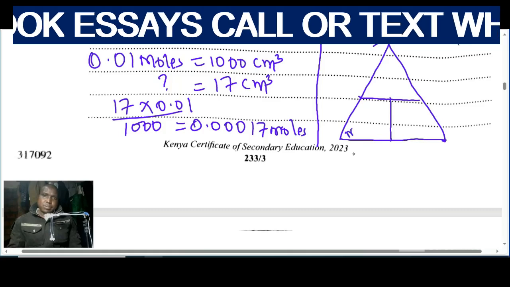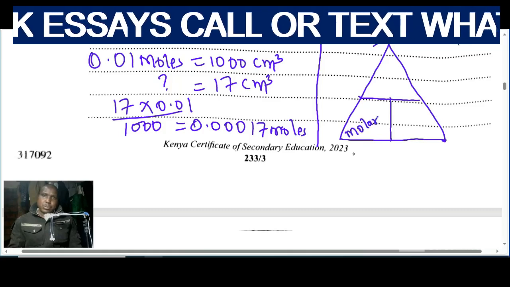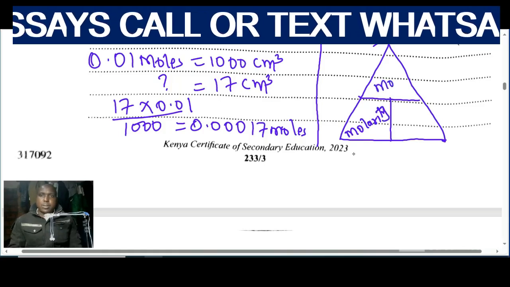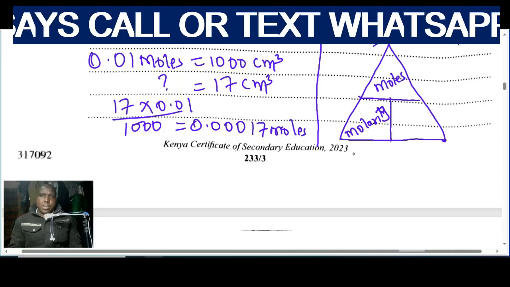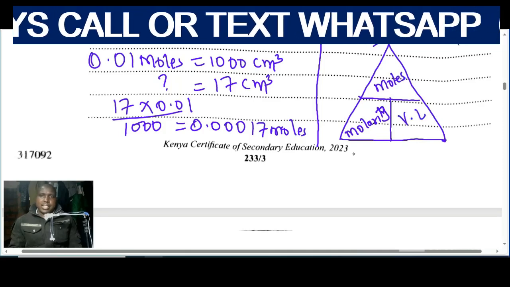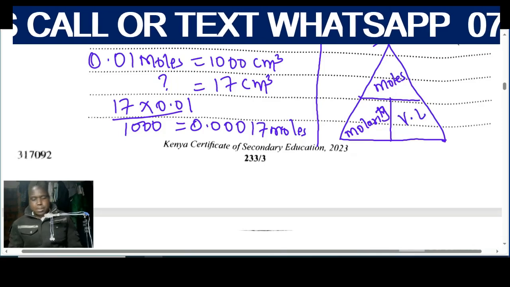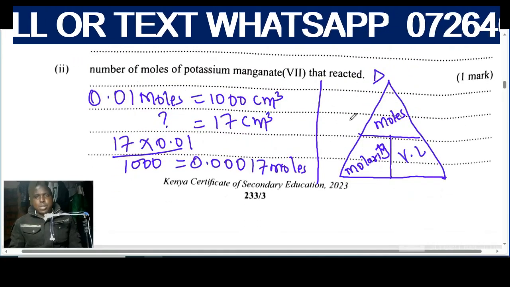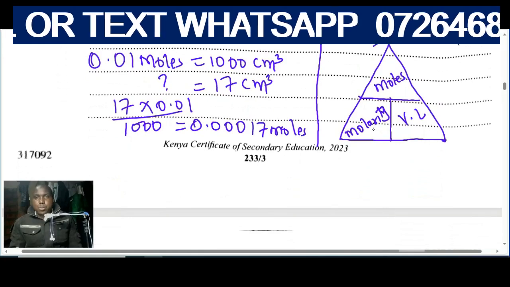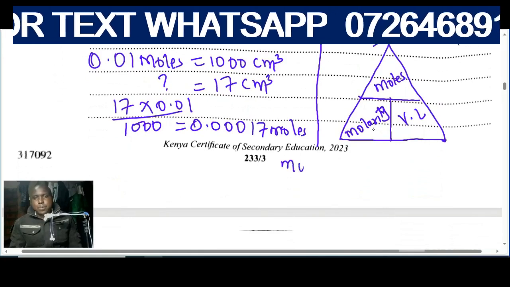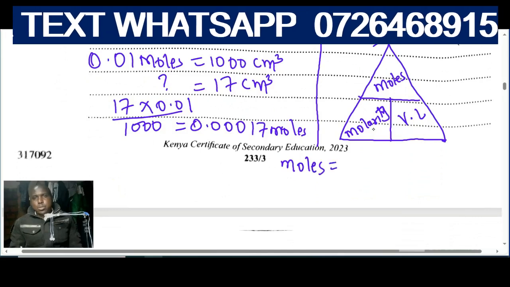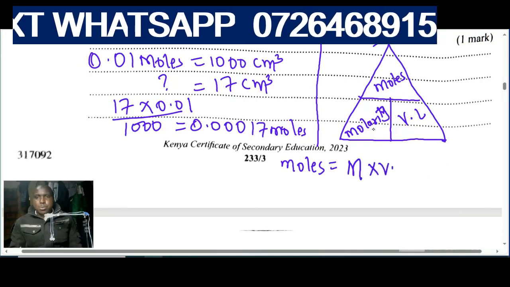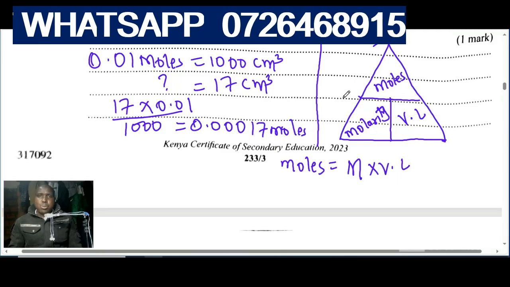You can say, we know that molarity, here we have moles, here we have volume in liters, volume which must be in liters. So what we want is the number of moles using the formula. How do you get moles? From the formula, moles is equal to molarity, let me use capital M for molarity, times volume in liters.